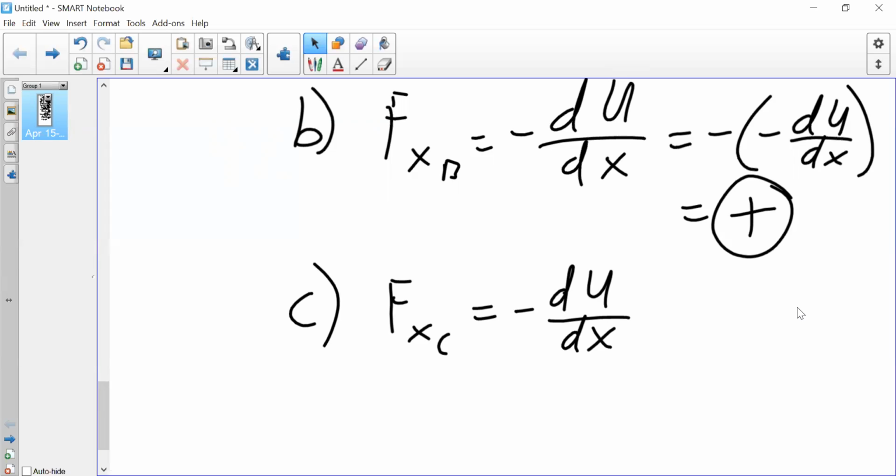We're looking at that graph there, and we're trying to figure out whatever the slope is. That's going to tell us something about the force. For example, at B, the slope was negative. But the definition of force is already negative, so negative makes it positive. At C it will be 0, because there's no slope at C. No slope, no derivative, no nothing. It is 0.